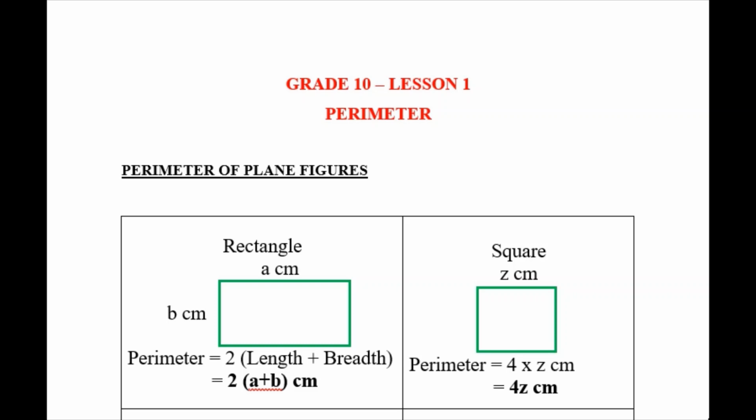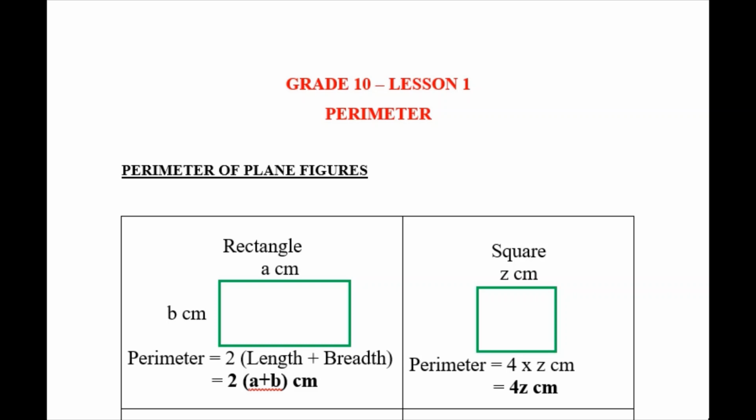For a rectangle, we add the lengths of the four sides, or simply add the length and the breadth and multiply by 2, as I have shown on this note.